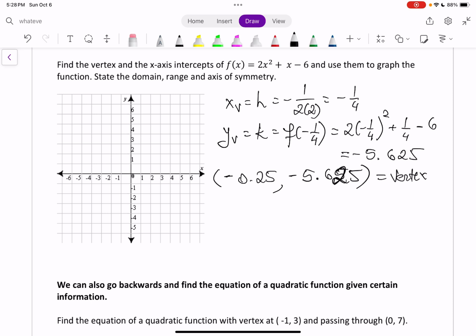All right, let's put it up. So somewhere down here. Okay. Actually very, very close to the y-axis, 1/4. Okay. Let's find the x-axis intercept. So in other words, let's set the function equal to 0 and see what we get.